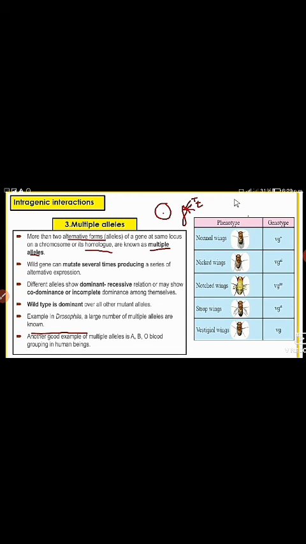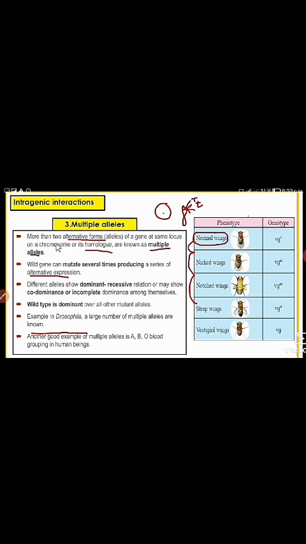In Drosophila colonies, the gene mutates several times, producing a series of alternative expressions. The normal wing is the wild type, denoted by Vg plus, and by mutation it forms nicked wings, notched wings, strap wings, like this different forms of the wings.